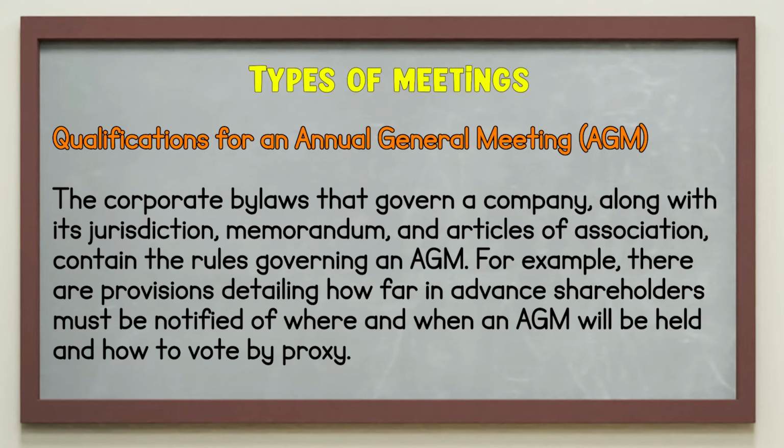Qualifications for an annual general meeting. The corporate bylaws that govern a company, along with its jurisdiction's memorandum and articles of association, contain the rules governing an AGM. For example, there are provisions detailing how far in advance shareholders must be notified of where and when an AGM will be held and how to vote by proxy.